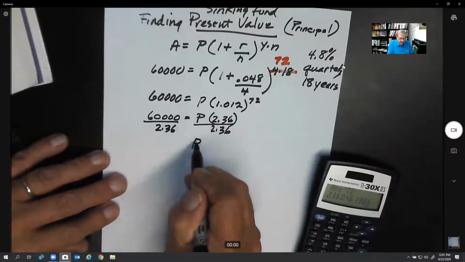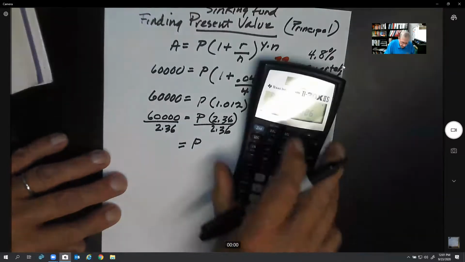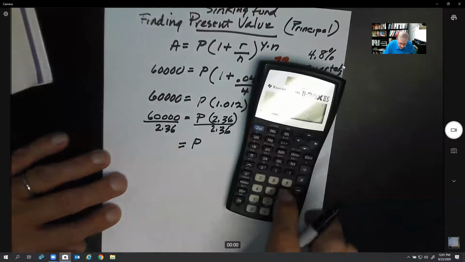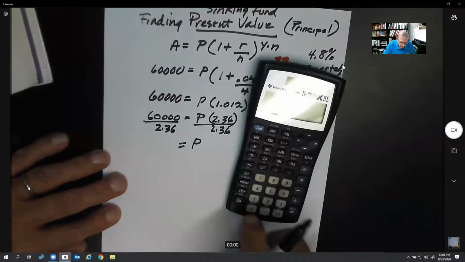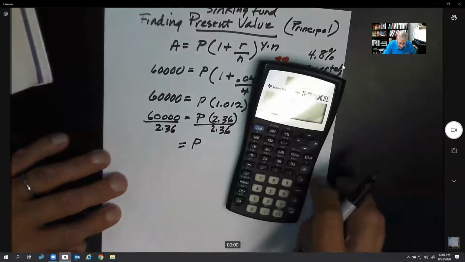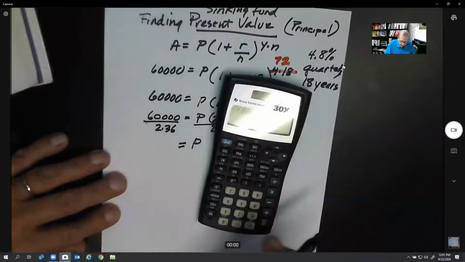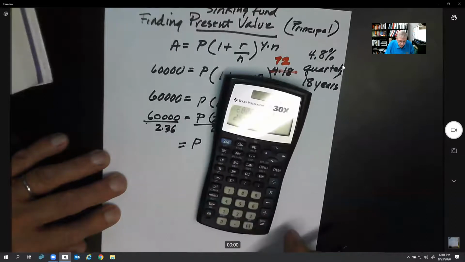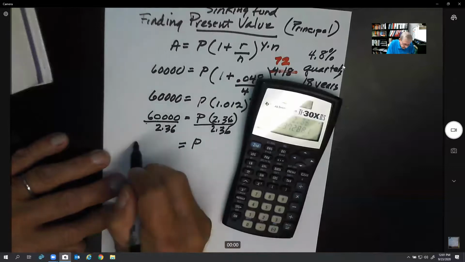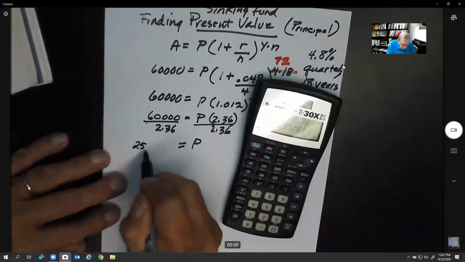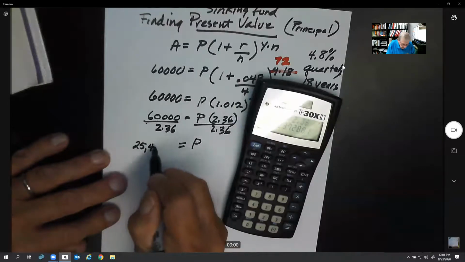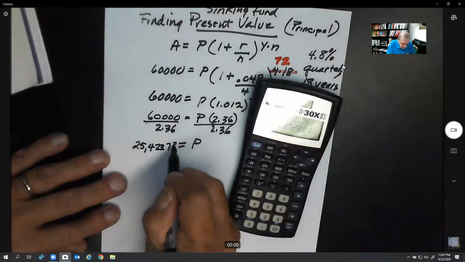So P, this is how much you're going to have to start out with. This is how much you're going to have to sink into that fund to get 60,000 at the end. Divide by 2.36. $25,423.73.